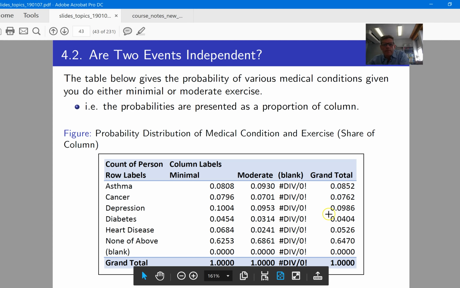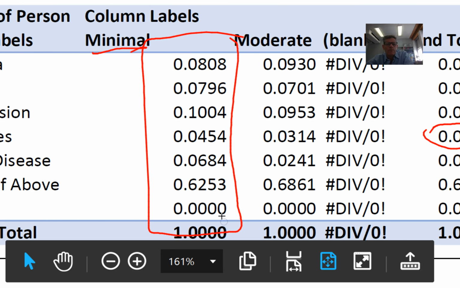So a person, if we just randomly picked a person out of the population, they've got a 4% chance of having diabetes. Now these are conditional probabilities. So now if you just go to the people in the population who engage in minimal exercise, so just consider the subset of the population who engage in minimal exercise, the chance that one of those people has diabetes is 4.54%, so a little bit higher.